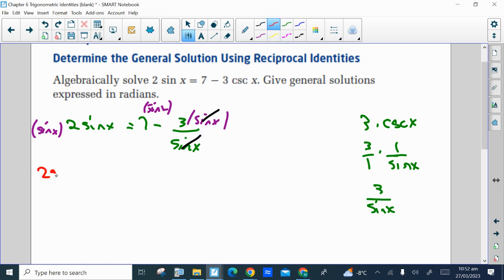So when you multiply all the terms by sine x, that first term will become 2 sine squared x equals 7 sine x minus 3. We'll make it equal to 0 by bringing everything over to the left side. And there's the quadratic that we need to factor.